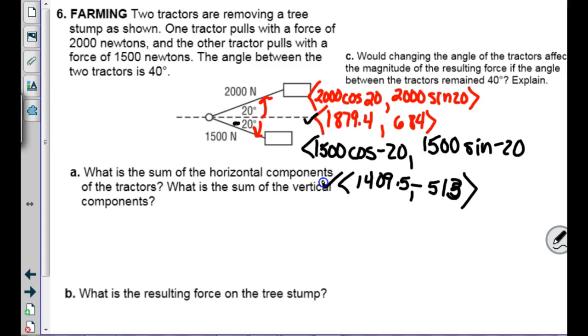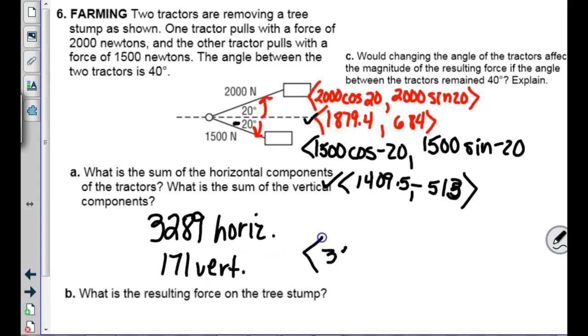1879.4. I got about 3289. Does that seem right? Anybody else get those? What's going to happen though when I add the vertical components? One was pulling up and one was pulling down, so they're going to undo each other greatly, right? 684 minus 513 or plus negative 513, 171 vertical.